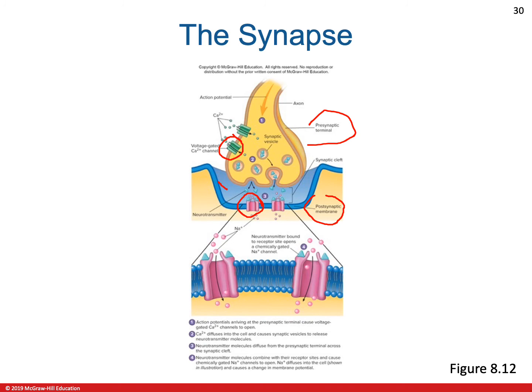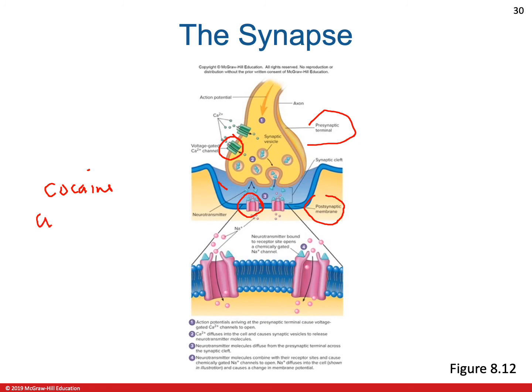There are certain drugs that can modulate the action of neurotransmitters in the synapse. For example, cocaine. This is a controlled drug.